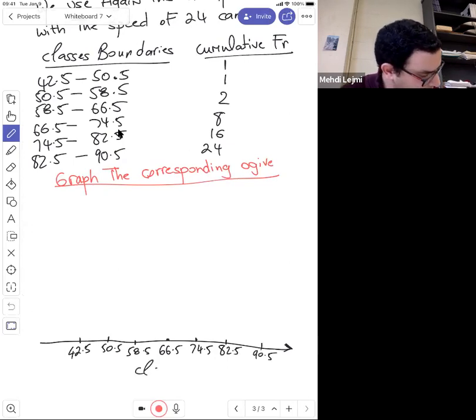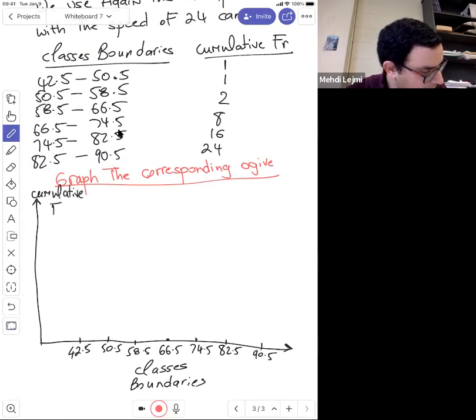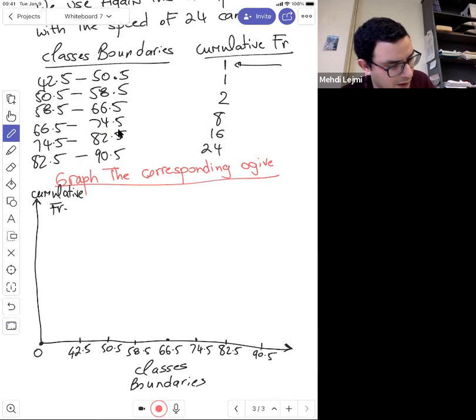So again, these are our class boundaries, and then on the vertical axis, this time I'm going to have my cumulative frequency. The intersection will be 0. As you can see, you're going to need 1, 1, 2, 8, 16.